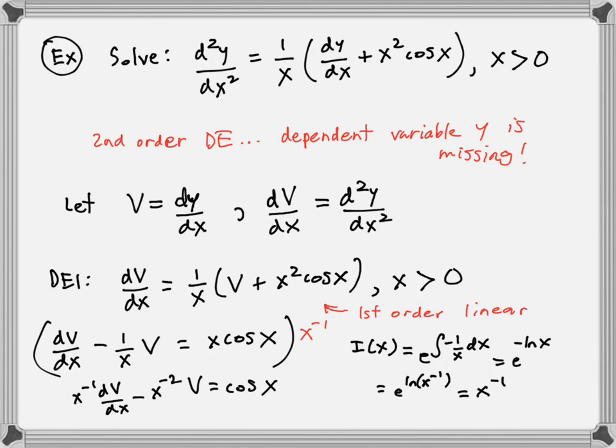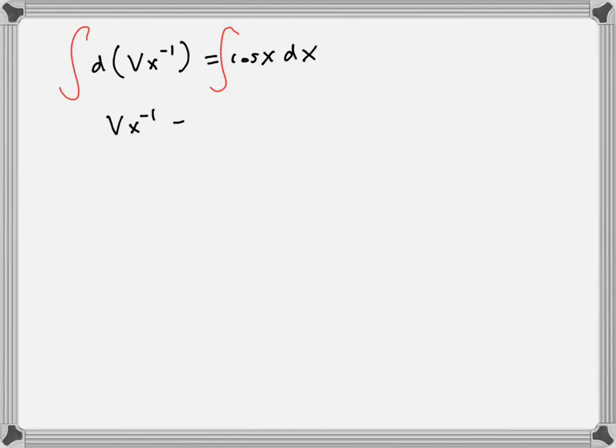Remember, the left side can be rewritten as a single derivative, and the right side is just cosine of x. Okay, so now you integrate both sides. The left becomes vx to the negative 1, and the right side becomes sine of x plus C1.